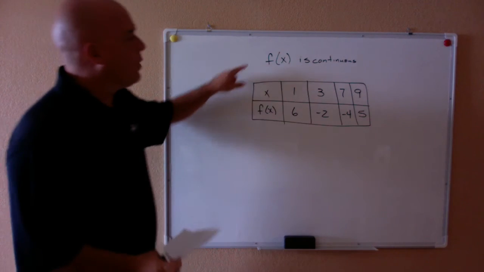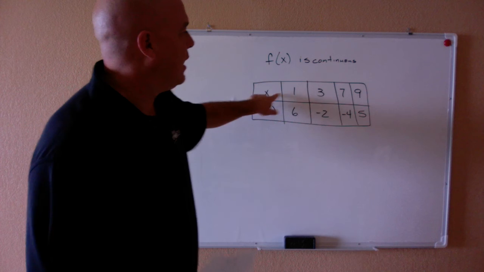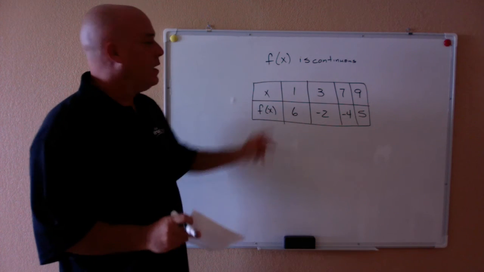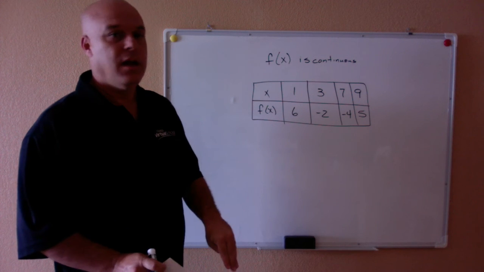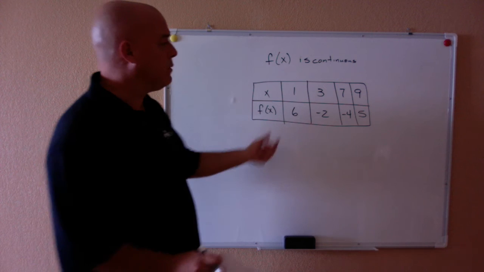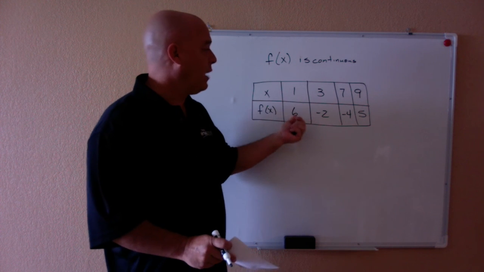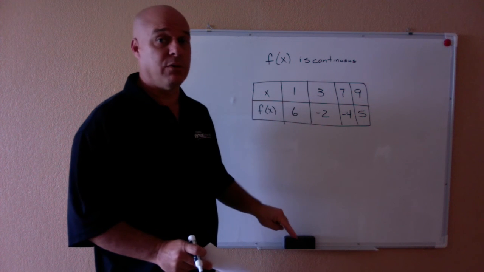Okay? Now I know that since f is continuous and at x equals 1 I was at 6 and at x equals 3 I was at -2, that means somewhere between the x value of 1 and 3 I had to have crossed the x-axis. The f of x value has to be 0 at some point between 1 and 3 because I have a continuous function and I went from a positive value to a negative value. So I have to have crossed 0 at some point.